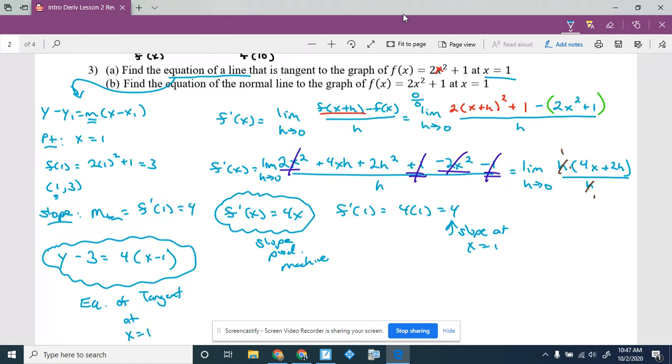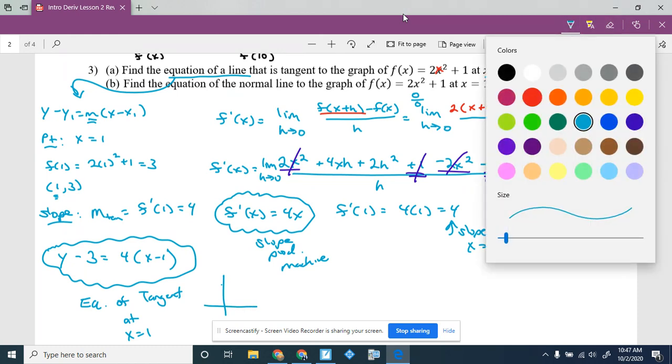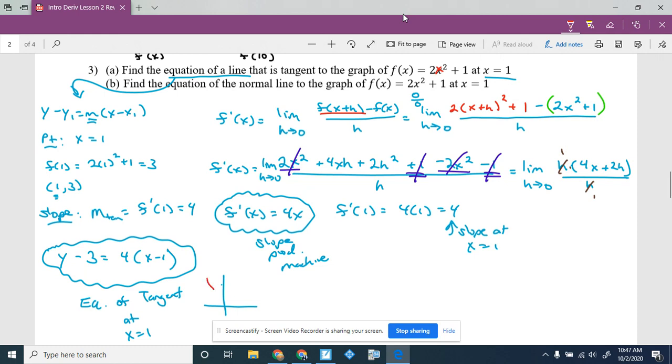So if I was to go ahead and do a super, super rough sketch here, I know it's a parabola. I know it's been shifted up 1. So this is kind of like the idea. So there is f of x.